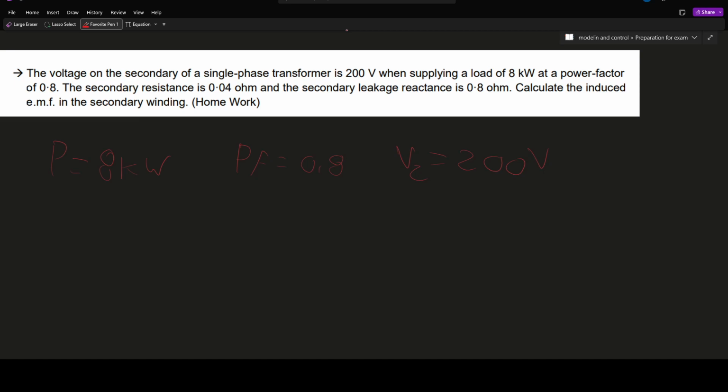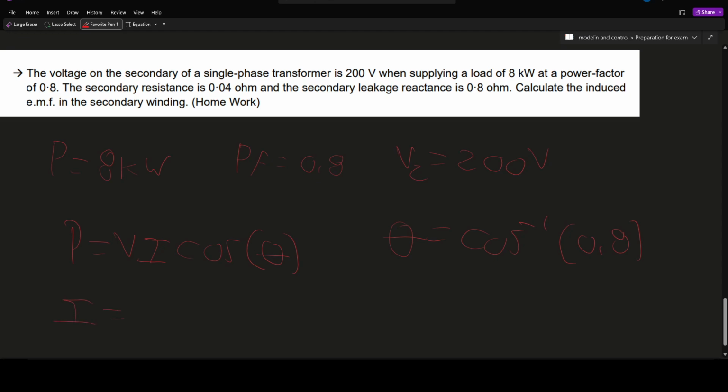So we know that the power is equal to voltage and current times cosine of the angle. In this case, the angle is equal to cos minus 1 of 0.8. Now we want current.